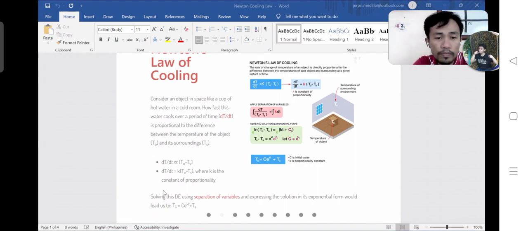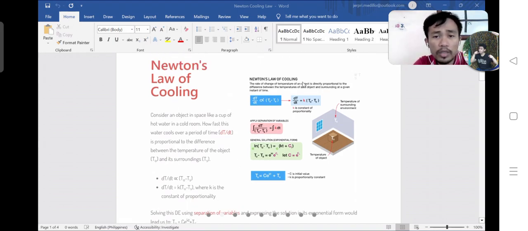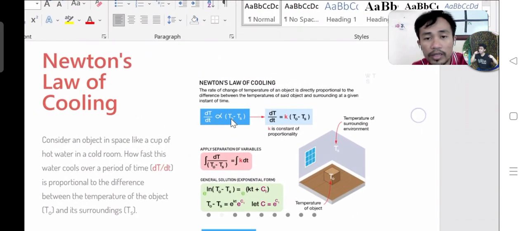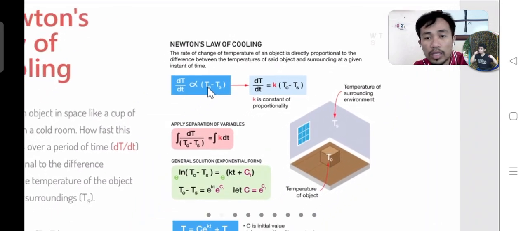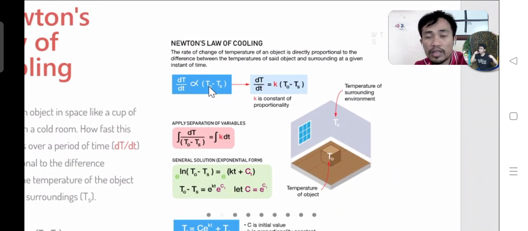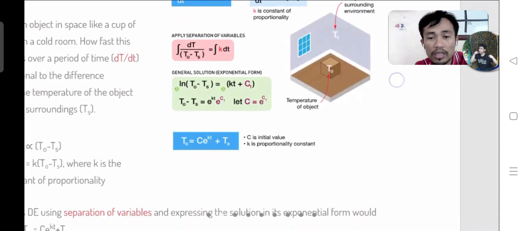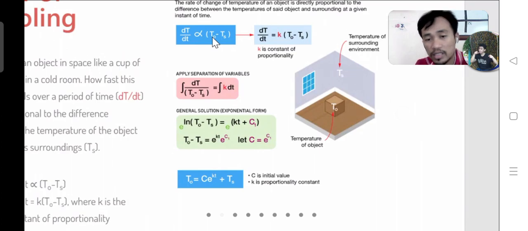So to solve Newton's law, this is the formula: dT over dt is equal to k times the temperature start and the temperature given. So we apply separation of variables. Here's the result: T minus Ts is equal to e to the kt times e to the c.